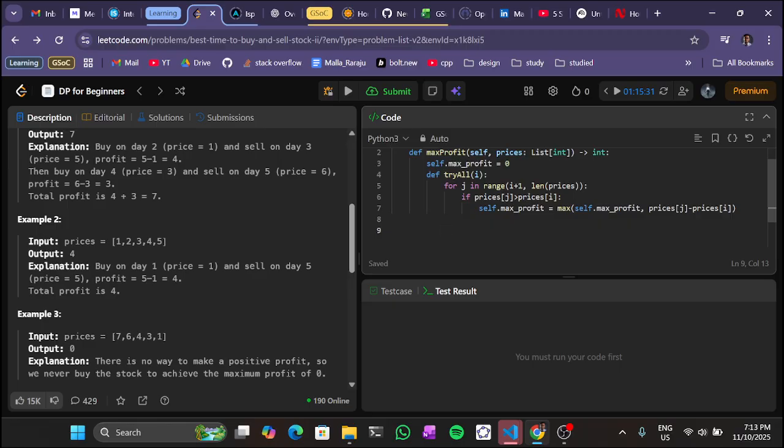If we are returning nothing, then the DP is useless.